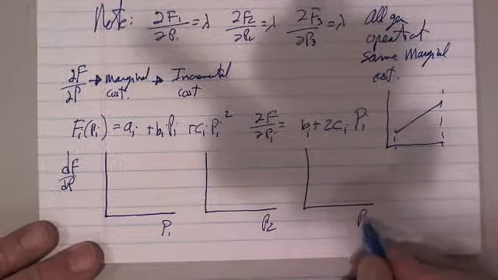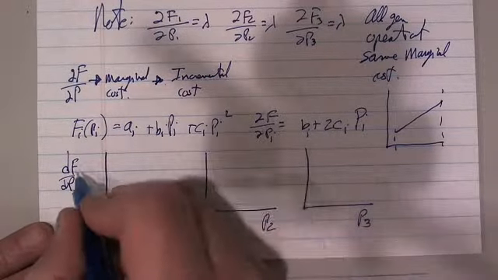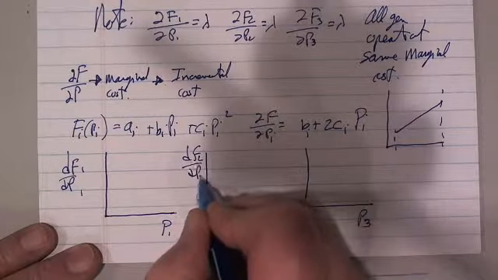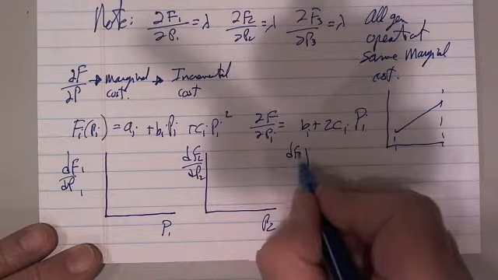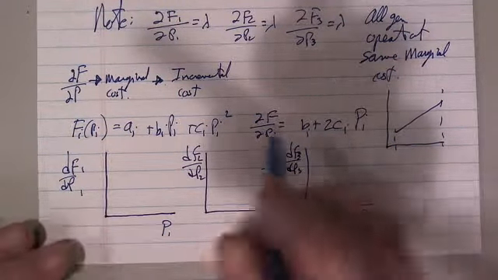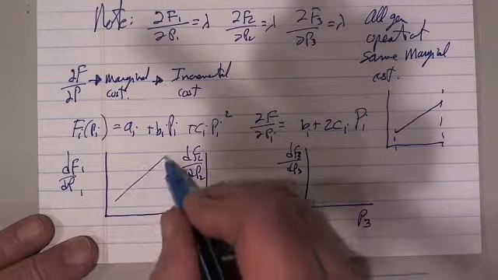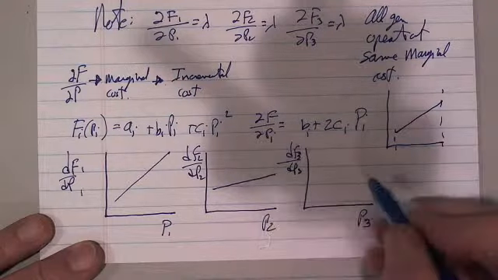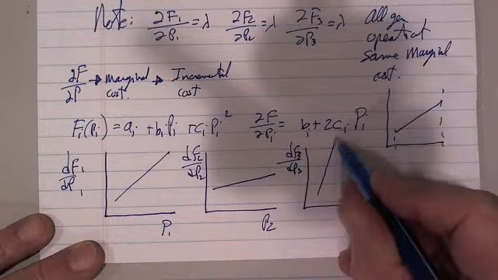And this is P1, P2, P3. So this is df1/dp1, df2/dp2, df3/dp3. And let's say this one looked like this, and this one looked very, very low slope, and this one was a very steep slope here.